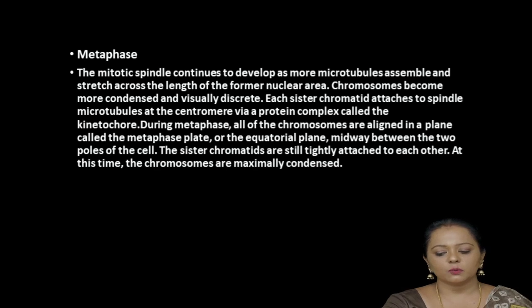Each sister chromatid attaches to the spindle microtubules at the centromere via a protein complex called the kinetochore. The kinetochore attachment is very important during this phase. The sister chromatids are aligned exactly at the center, which is called the midway equatorial plane, and they are tightly attached to each other.